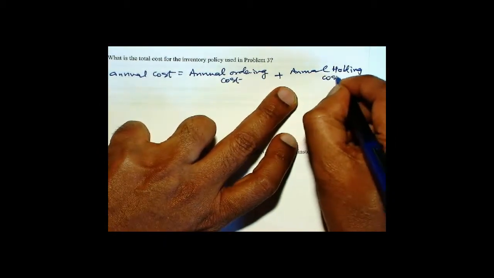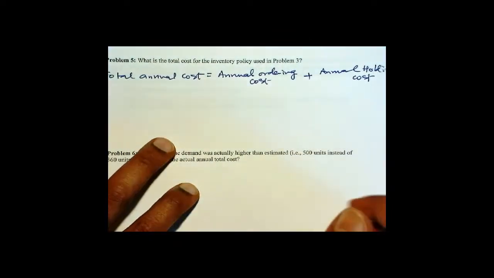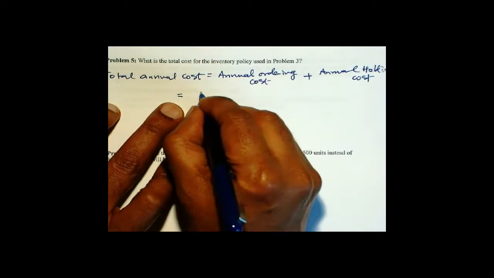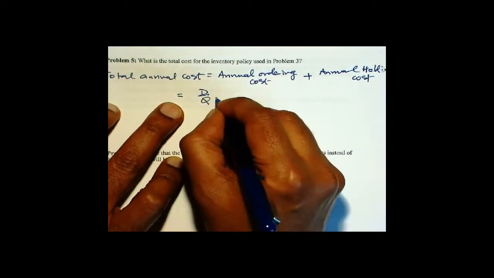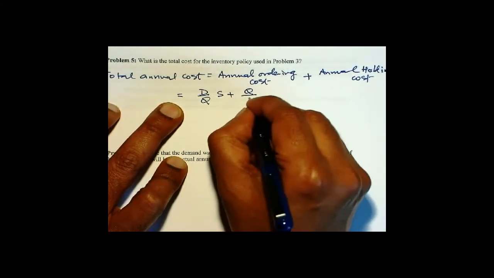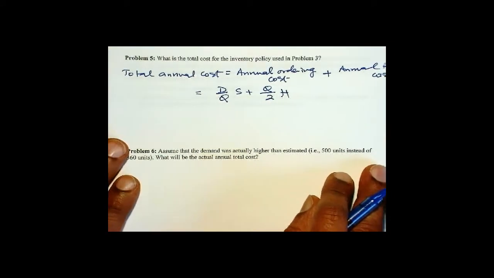Holding cost or carrying cost, they both mean the same thing. So annual ordering cost is D over Q times S, plus Q over 2 times H. So that's your annual holding cost.